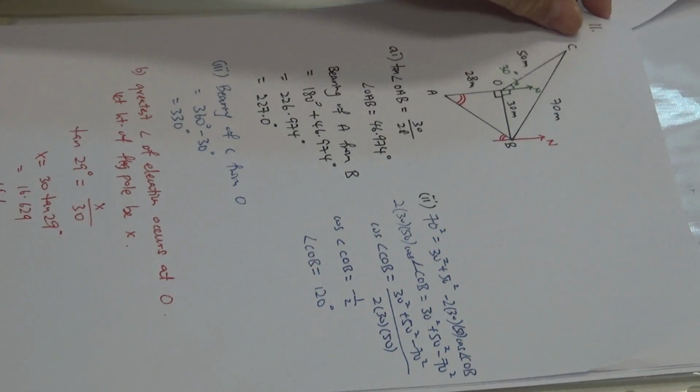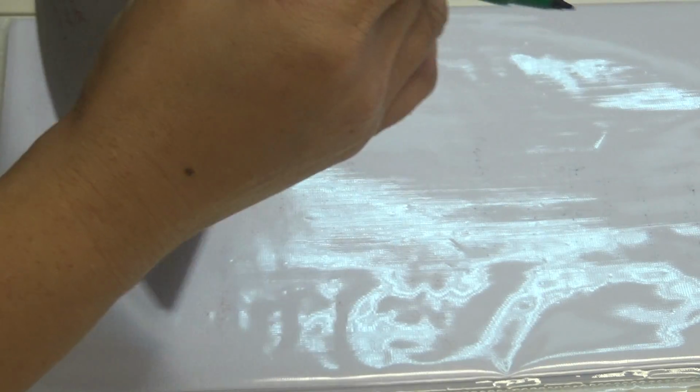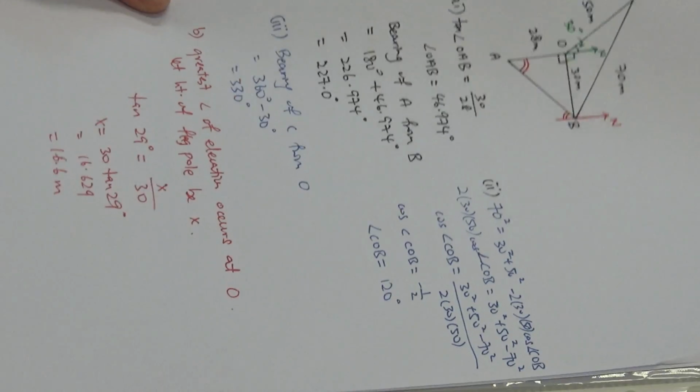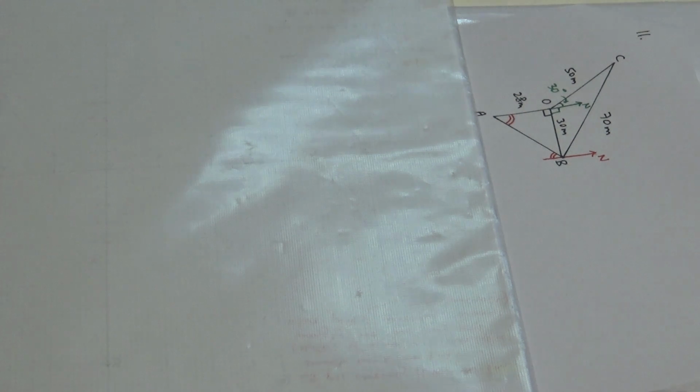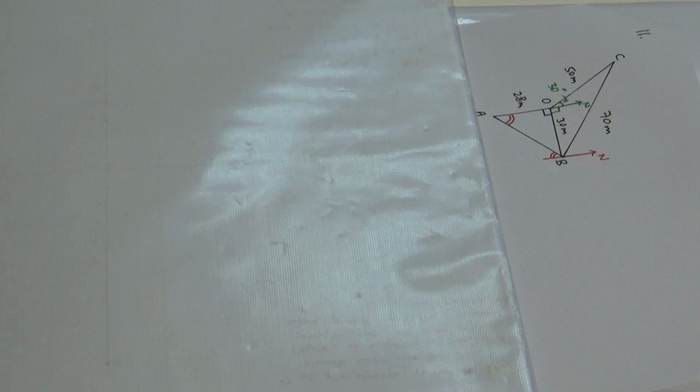Next, we move on to question number 11. Alright, let's look at 11. The diagram looks like that. The figure shows 4 points O, A, B, C, which lie on level ground in a campsite.